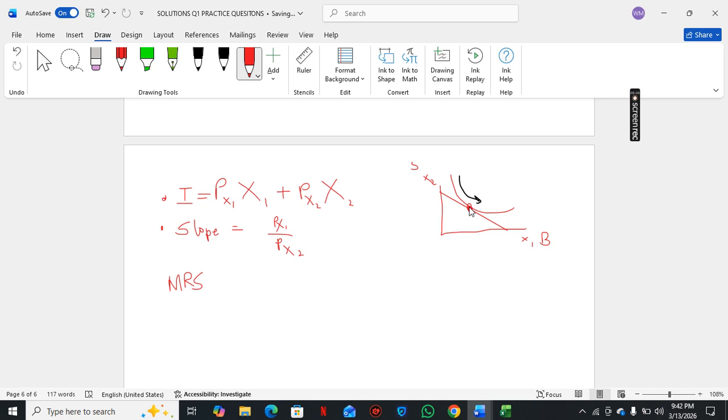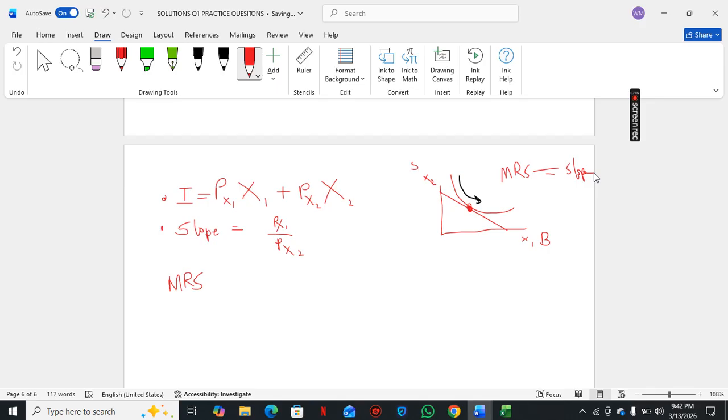Just remember: where the marginal rate of substitution equals the slope of the budget constraint equation, that gives you the utility maximizing quantities, meaning your satisfaction is going to be the most.